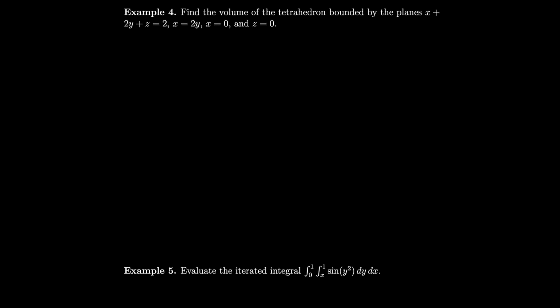Okay, let's now find the volume of the tetrahedron bounded by these planes. So first we'll try drawing it. Okay, let's say here's my x-axis, here's my z-axis, and I need a y-axis, so something like this.